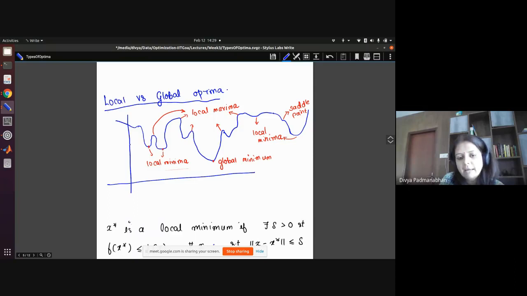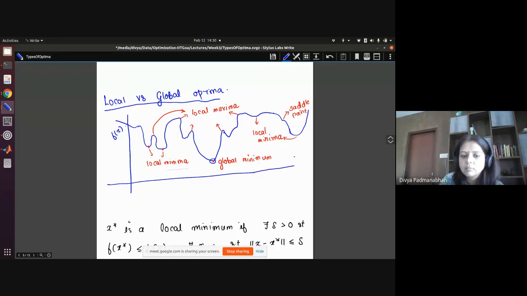If you have a function like this that you want to optimize, it's an unconstrained problem. There are different points here which are of interest many a time. The best point here, which minimizes this function f of x, if you want the absolute best point, would be this point here. This is called the global minimum, because it is better than every other point in the feasible set.